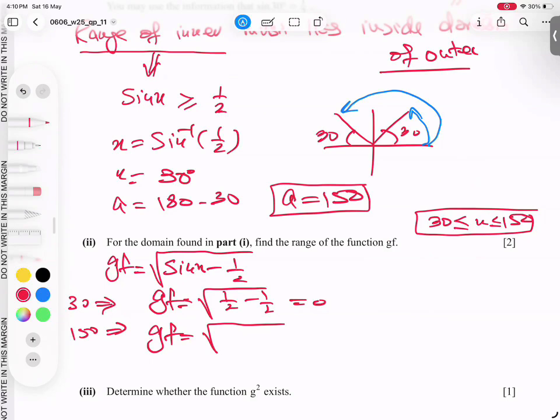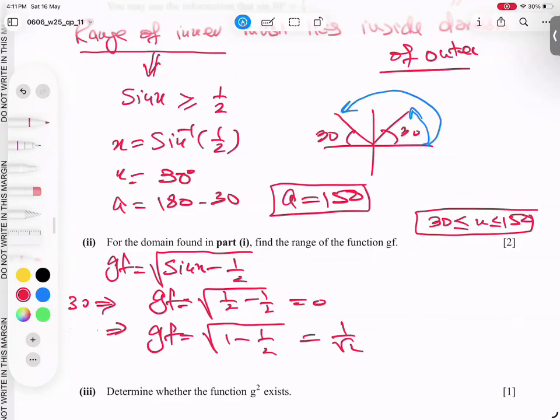Okay, and when I check, yeah, in the middle, students, there is some value. One value is there, because in the middle, we have a number, and that is 90, sine 90. So when I plug in sine 90, it is 1. So this is giving us 1 over root 2.